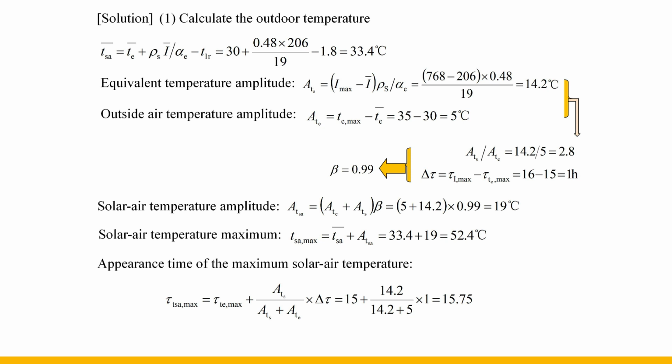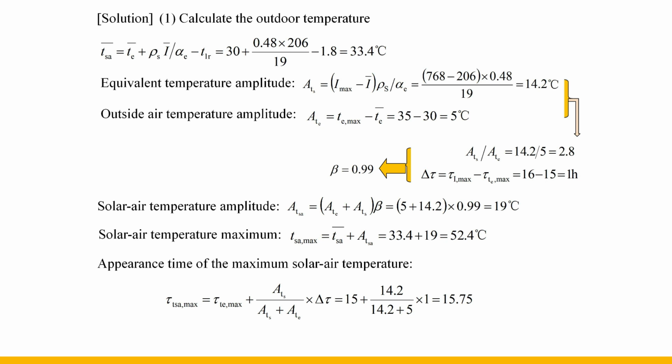The maximum and average values of solar radiation, the surface solar radiation absorption coefficient 0.48, and the external surface heat transfer coefficient 19 are substituted into the calculation formula of the equivalent temperature amplitude of solar radiation to obtain the equivalent temperature amplitude of 14.2 degrees Celsius.